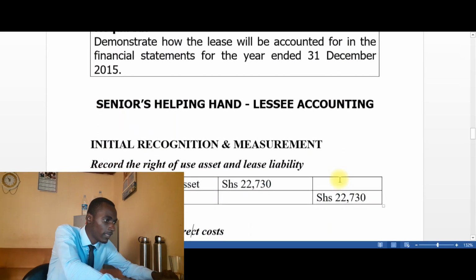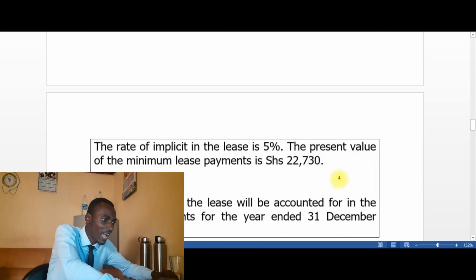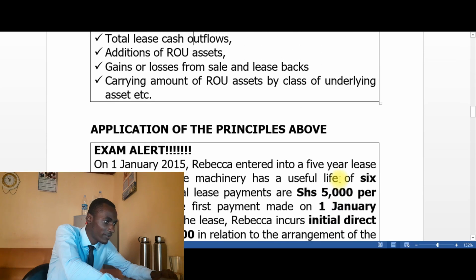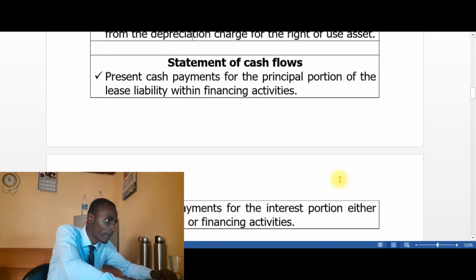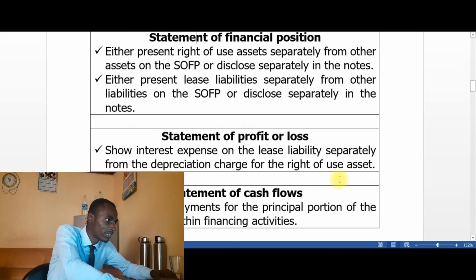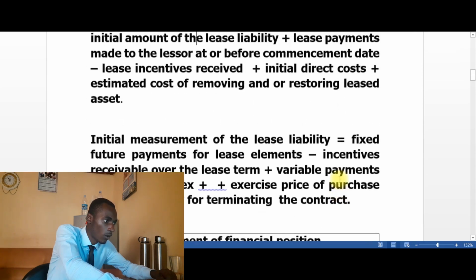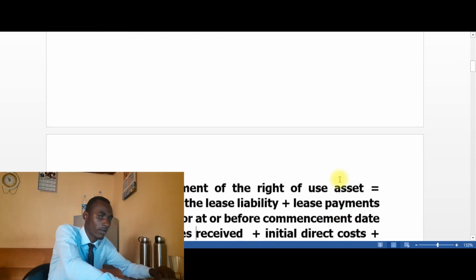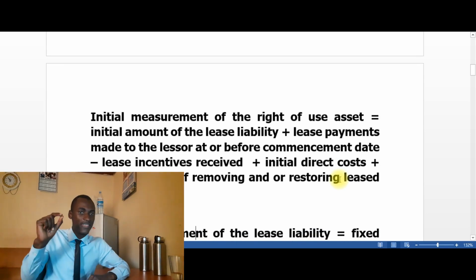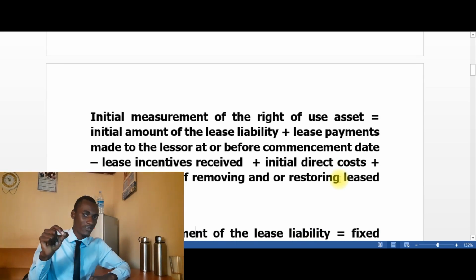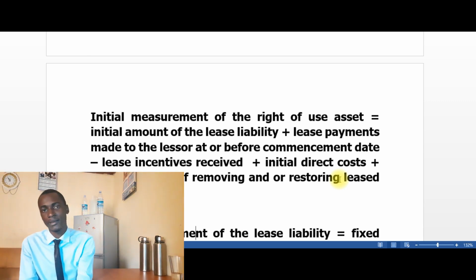Now, to obtain the lease, Rebecca incurs initial direct costs. Rebecca incurs initial direct costs of shillings how much? 1,000. These are initial direct costs, shillings 1,000, which were incurred by Rebecca company.